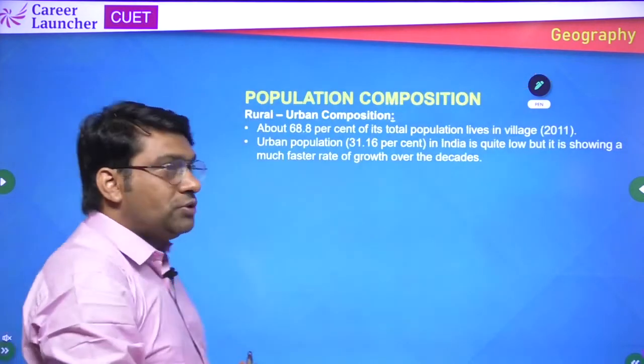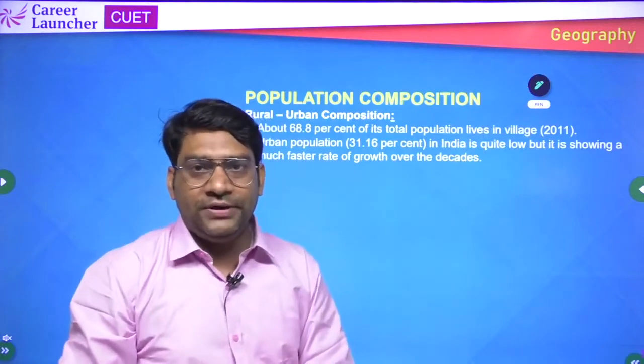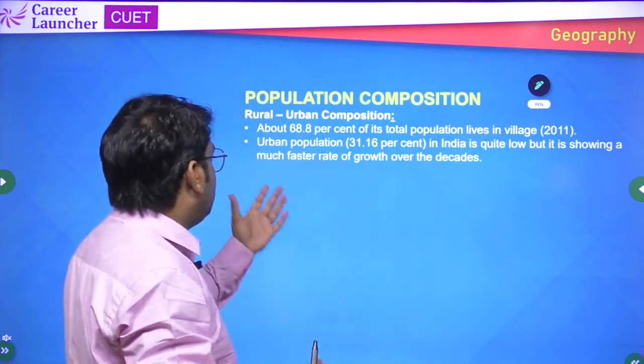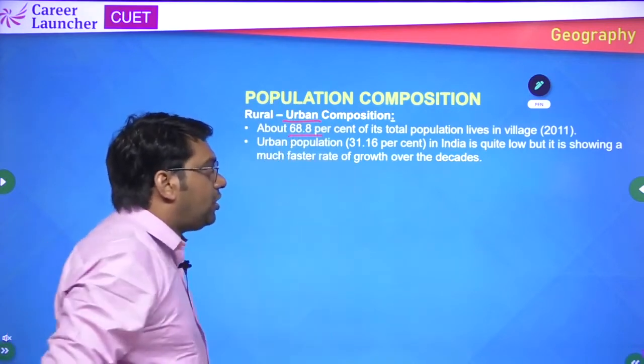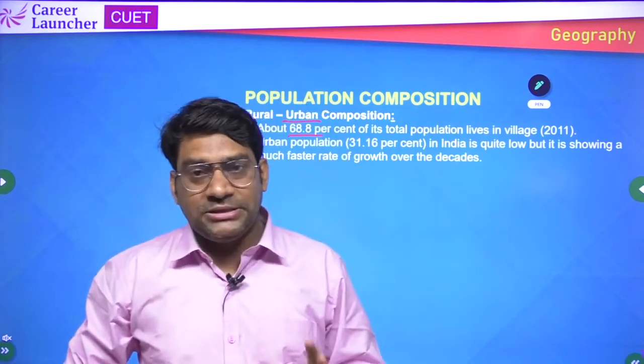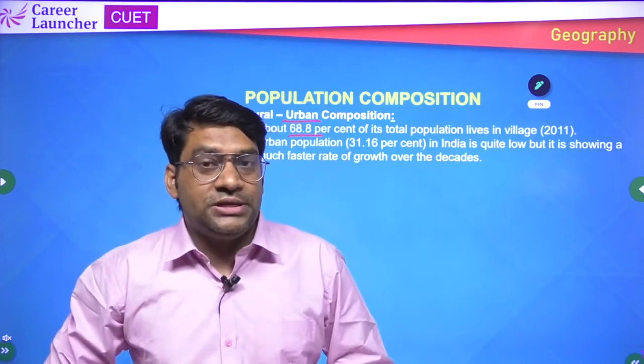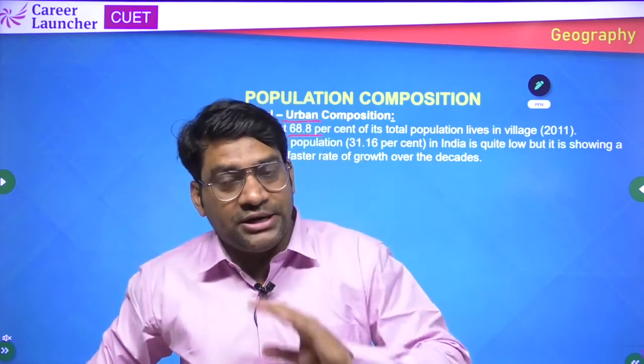Let's talk about population composition, how we have different types of population. First of all, we know the rural to urban composition. About 68.8% of the total population lives in villages. In our country even today, maximum, more than 60% of the population still lives in rural areas, villages, and that's why empowering rural youth is a very important task for the government, or improving the agriculture condition of our country, so that rural youth are able to get a better job and understand climate smart agriculture.